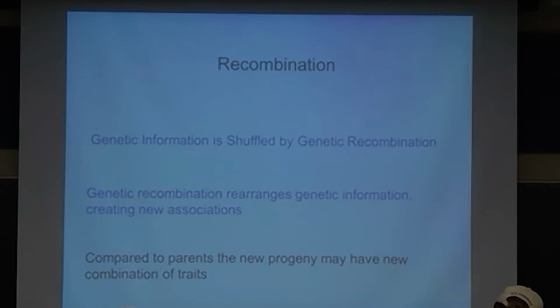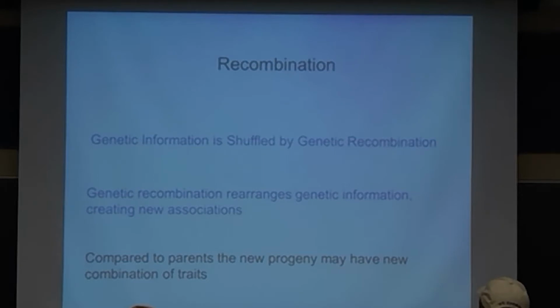Recombination could be bad. So recombination means reshuffling of the genetic information. Most of the time it is good, correct? Mitotic recombination, deletion of abnormal DNA, but sometimes recombination induced by certain chemicals or stress could be problematic.